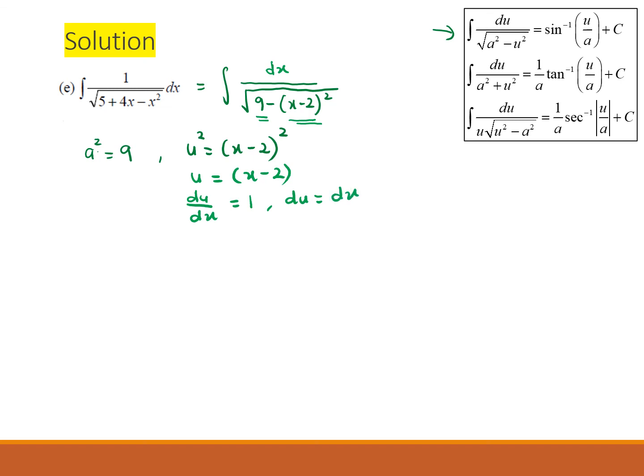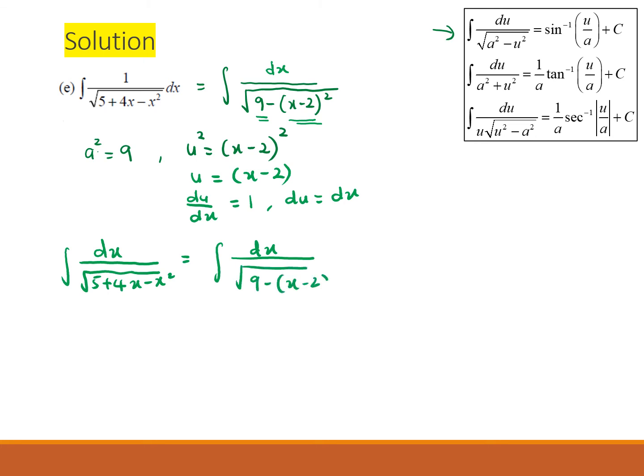Okay, next is solving the integration. I rewrite the question where this can be represented as dx over square root of 9 minus x minus 2 squared. So our a is equal to square root of 9, which is equal to 3.